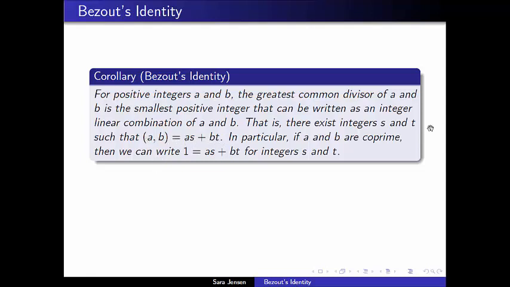Now, where Bezout's identity gets particularly interesting, and sometimes what you'll only find written as Bezout's identity, is that if a and b are coprime integers, remember the definition of that, that means their GCD is 1, then 1 can be written as this integer linear combination of as and bt.